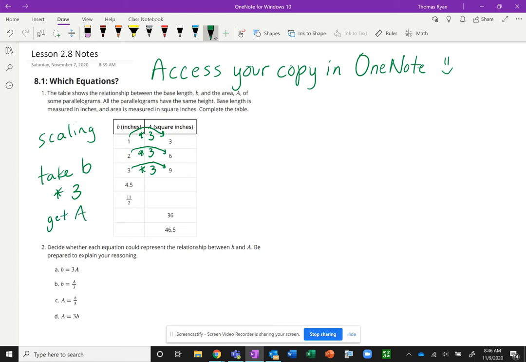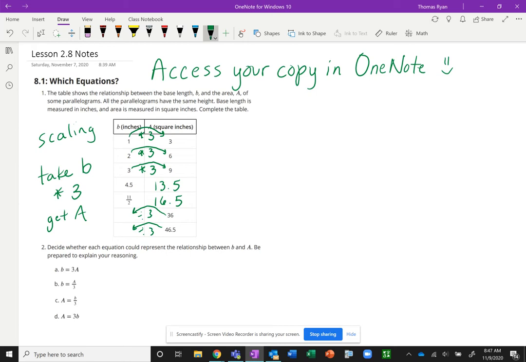So let's continue that here. Same pattern, 4.5 times 3 would give us 13.5, and 11 over 2, which is 5.5, times 3 would give us 16.5. As B is getting bigger, A is getting bigger. And then we get to the point where now we have A, but we don't have B. Well, if to get from B to A we're timesing by 3, then to get back from A to B we should just be able to do the opposite, which would mean we're dividing by 3.